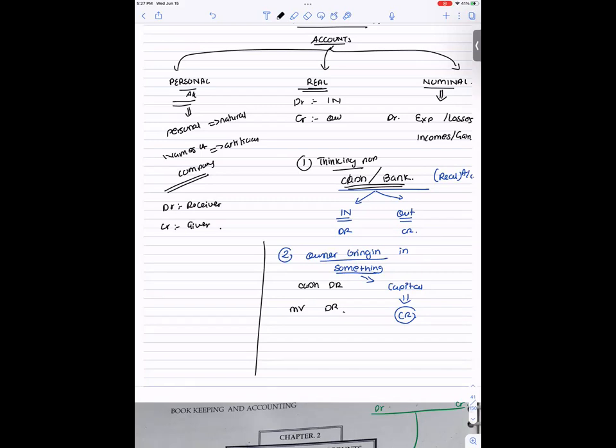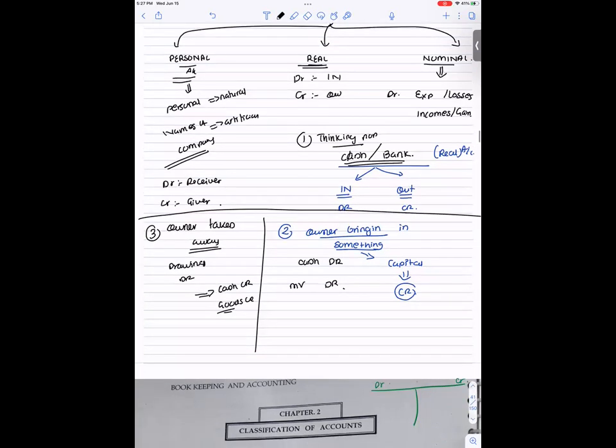Third thinking point. If owner takes away something, it is drawings. Drawings is always debited. If owner takes cash, so cash credit. If owner takes goods, so goods credit.